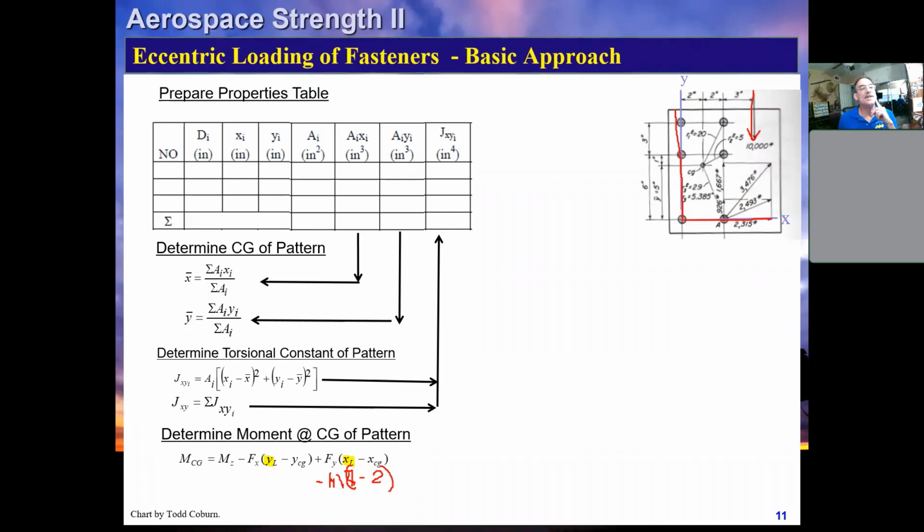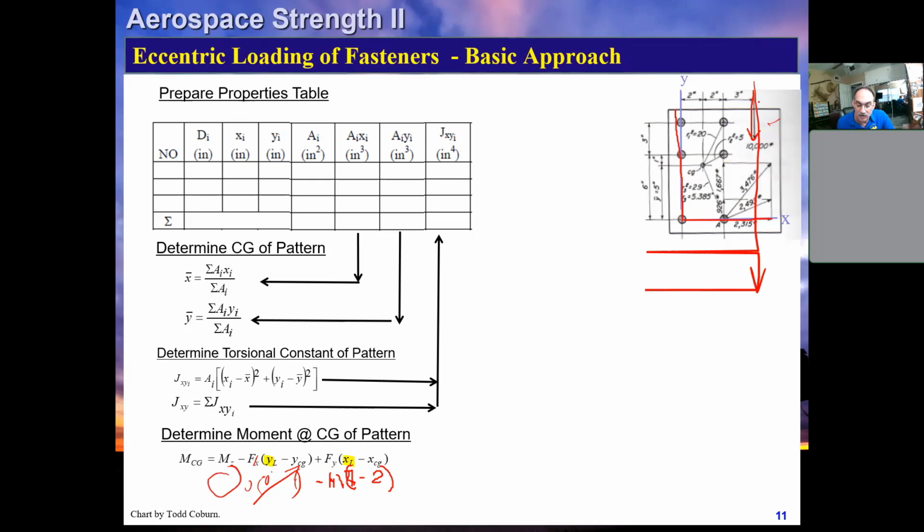And then we're going to have the Y position of the force. What is the Y position of this force? Actually, you'll notice this force is parallel to the Y, and therefore you can put in any value of Y, like 0 or 1 or anything, and this will come out because you're going to have Y minus YCG times FX. This is not FX, this is FY, therefore this is 0, which means this whole term goes to 0. And there was no moment applied.